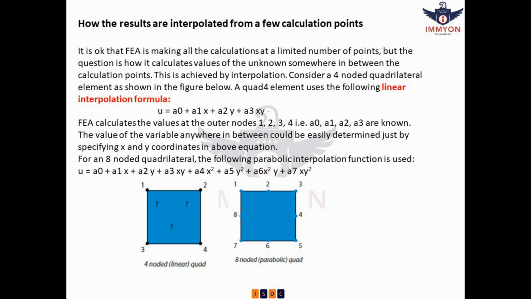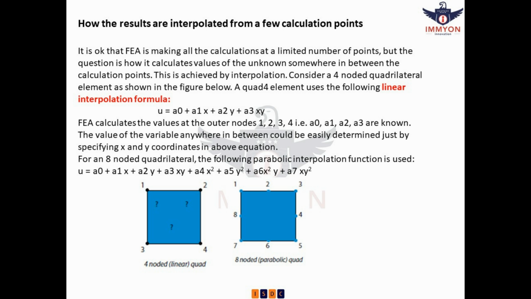Consider a 4-noded quadrilateral element as shown in the figure below. A QUAD4 element uses the following linear interpolation formula: U equals A0 plus A1x plus A2y plus A3xy. FEA calculates the values at the outer nodes 1, 2, 3, 4, i.e. A0, A1, A2, A3 are known.